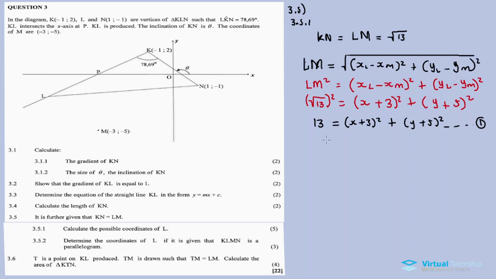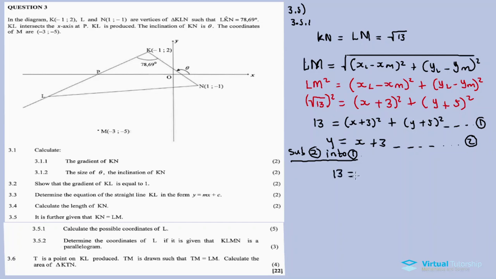Now equation 2 is the equation of KL, y equals x plus 3. This is equation 2. Then I take equation 2 and substitute it into equation 1, since y is the subject of the formula. So you substitute equation 2 into equation 1, and where there's y, I put x plus 3.